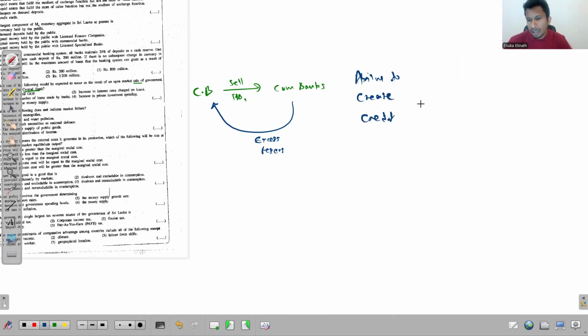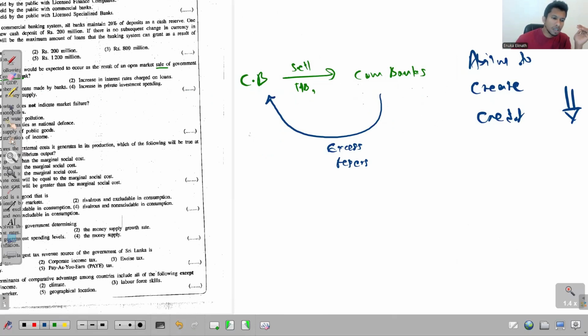What will happen to this ability? It will decrease. And if the ability to create credit decreases, what will happen to the money supply? In this economy, even the money supply will decrease. So this is what normally happens.